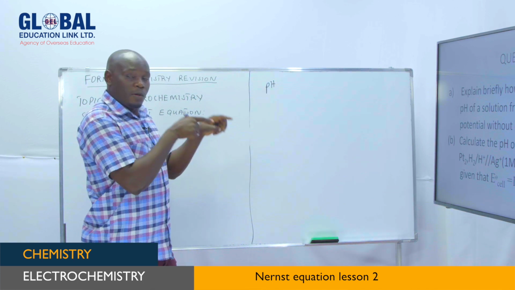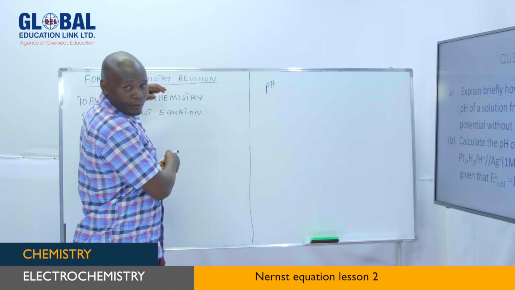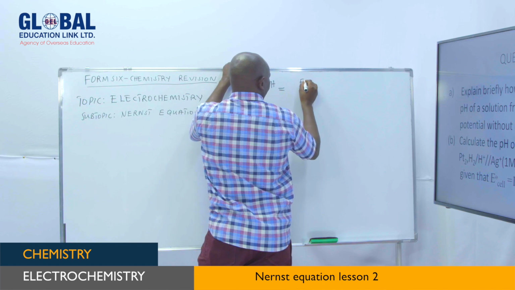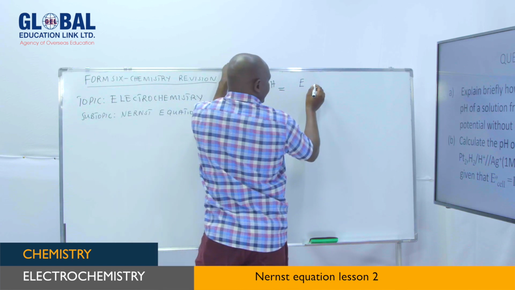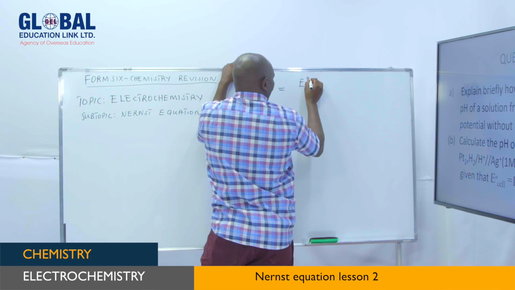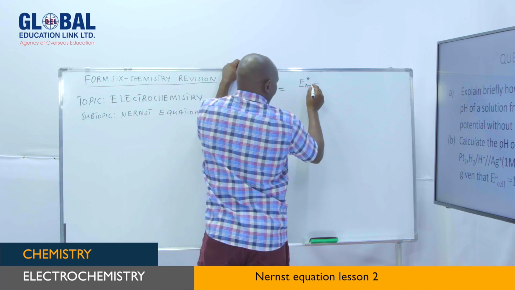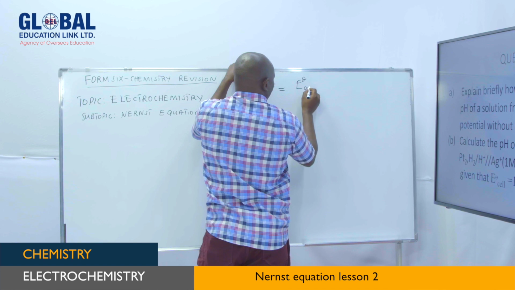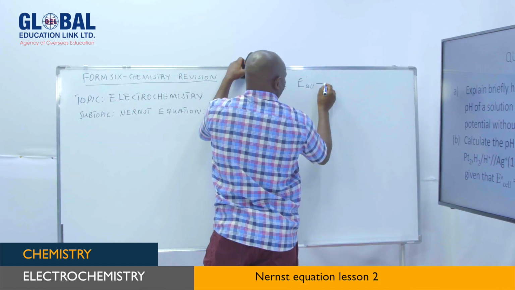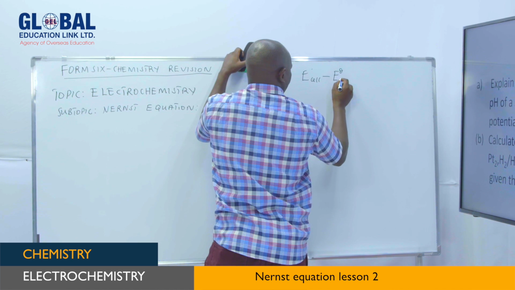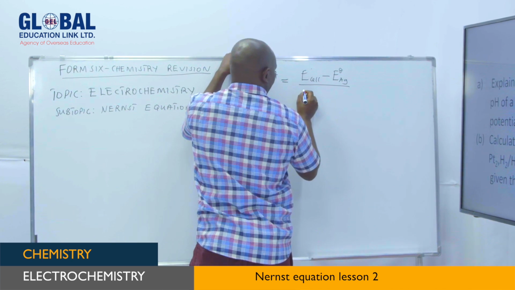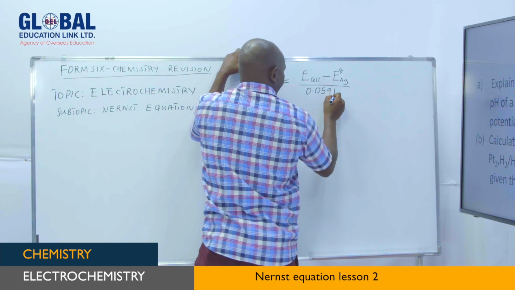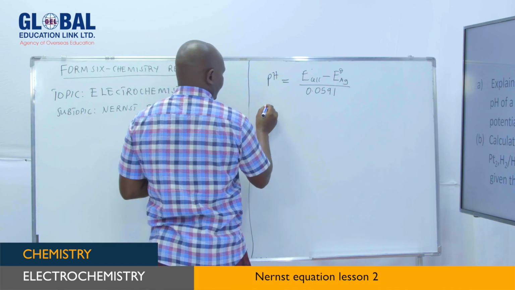But if you have to derive it, since we have derived it here, then pH is equal to, we derived that it is E of cell, minus standard electrode potential of silver, then we said it is by dividing it by 0.0591.